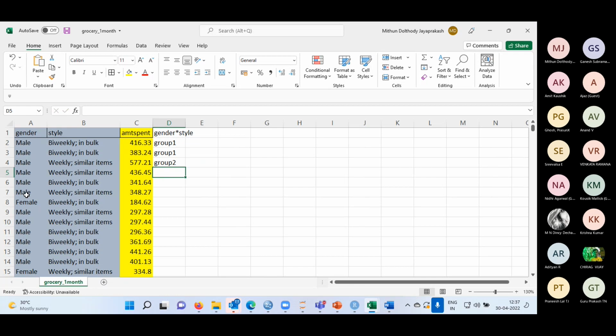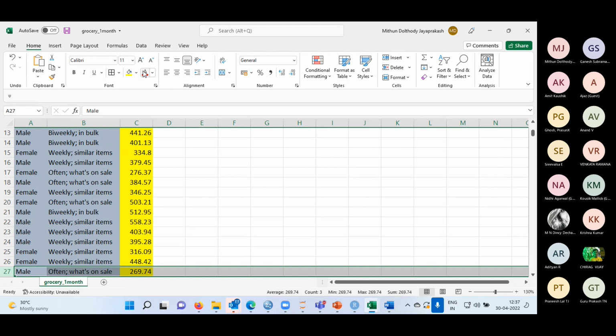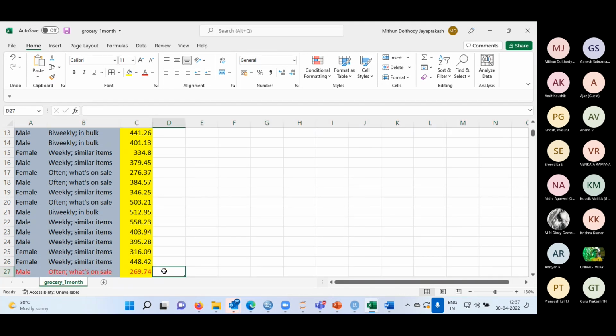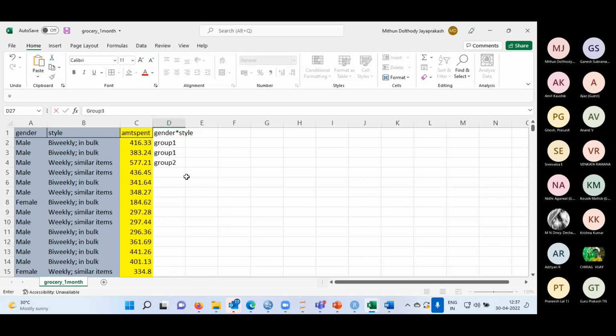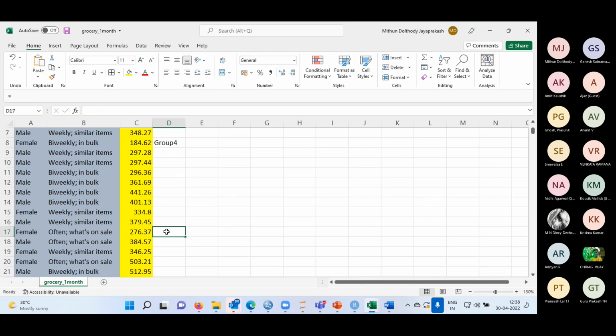Now, similarly, males who shop often, if I just scroll down, okay, 27th case, you just observe this particular case. This is a case wherein you have males who shop often. So they will be considered as group 3. So Python will generate a new variable: group 1, group 2, group 3. Similarly, females who shop bi-weekly will be considered as group 4. Females who shop weekly, this is group 5.